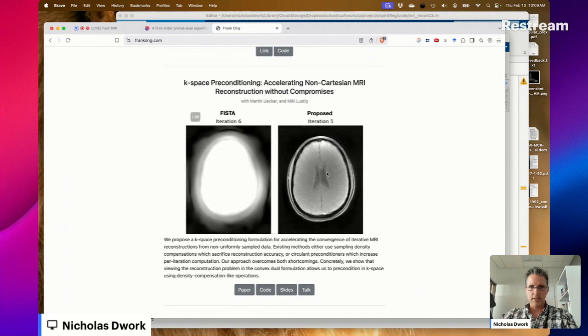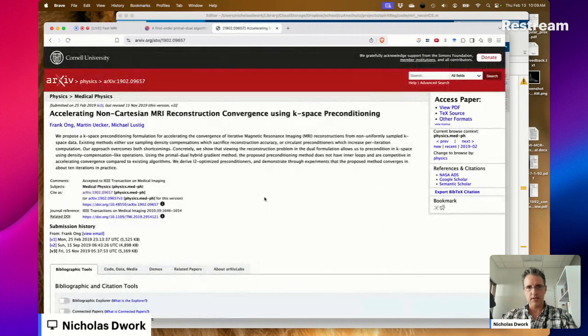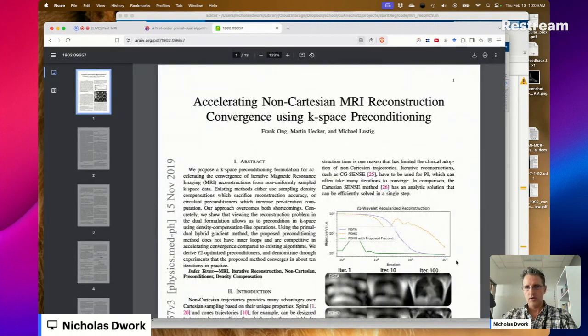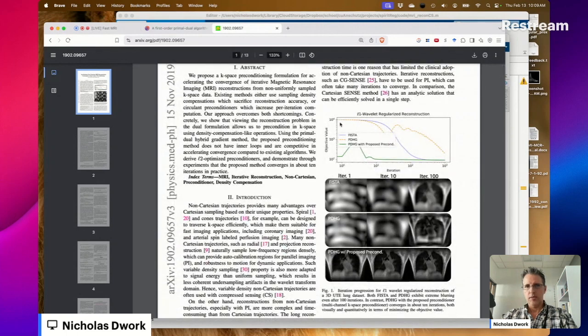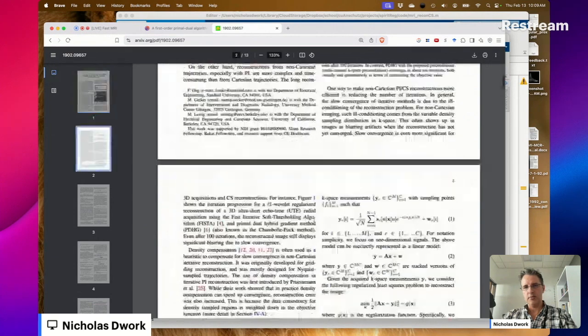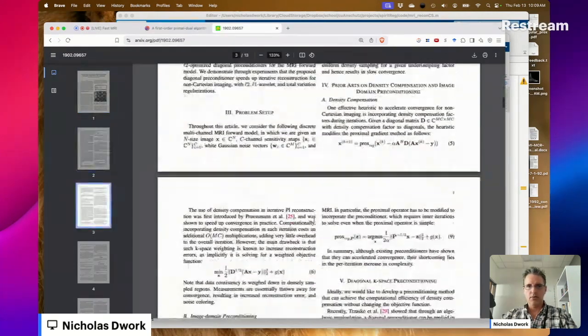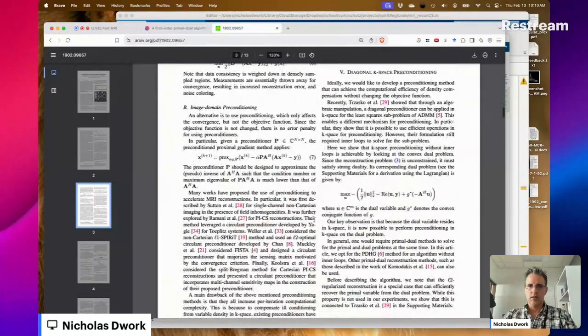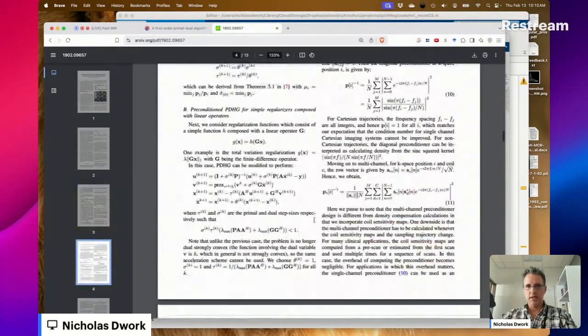I mean, that's not a great image at the end unless it's like some contrast that I'm unaware of. PDHG with proposed preconditioning. Okay, preconditioning helps. I wonder what his proposed preconditioning is. This is yet another paper I'm going to have to read.